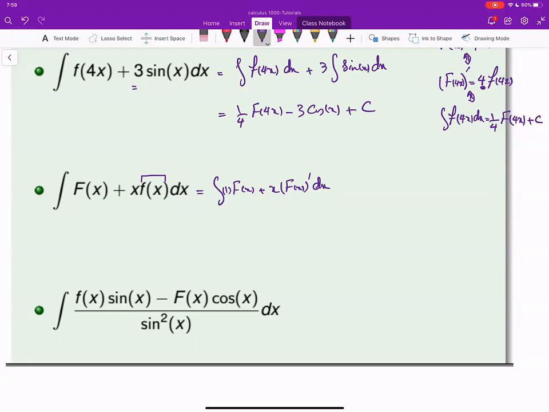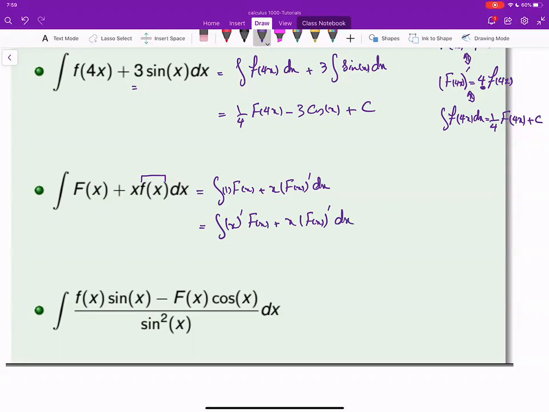Why is it important? Because that way you can see easily that this is the derivative of x times F of x, which is x times capital F prime dx.